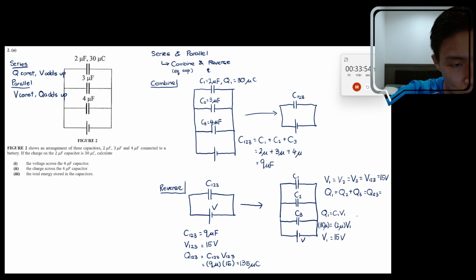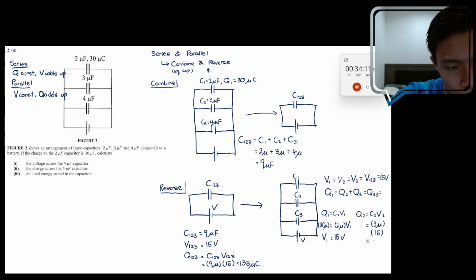Okay, continue. You try to find everything. Q2 is equal to C2 multiplied by V2. Q2 I don't have the value, but C2 is 3 microfarad. V2 is the same as V1 and V3, so it's 15.